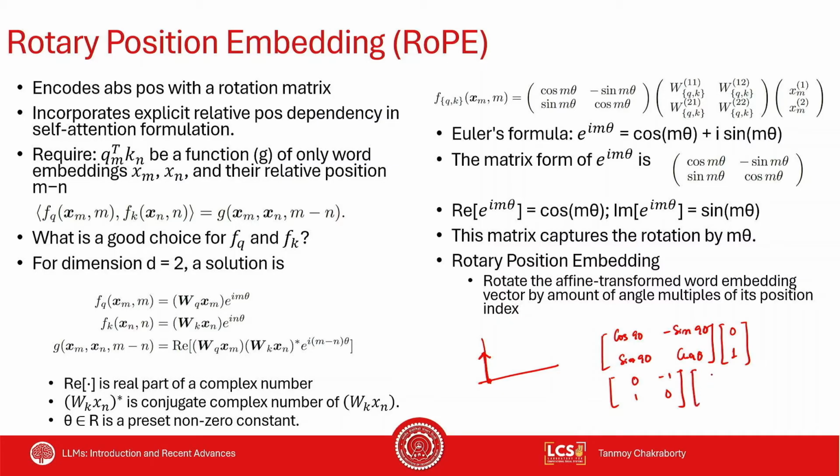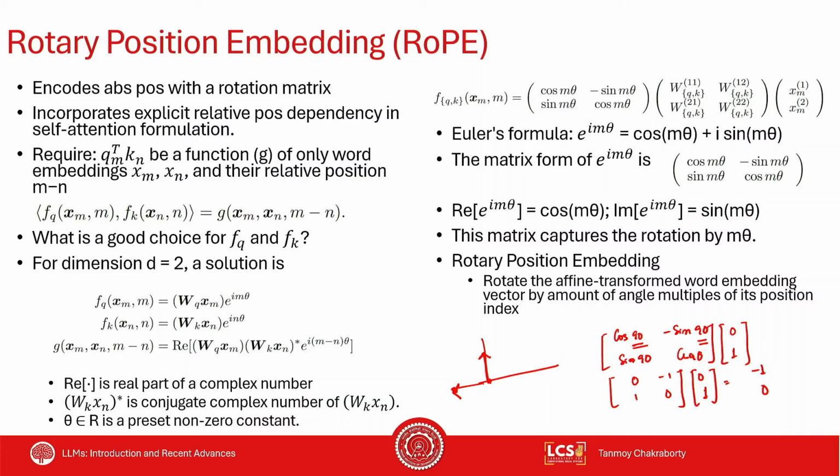If you multiply, what is going to happen? Minus 1 and 0, right? Minus 1 on the x-axis and 0 on the y-axis. It basically rotated the vector by 90 degrees anti-clockwise.